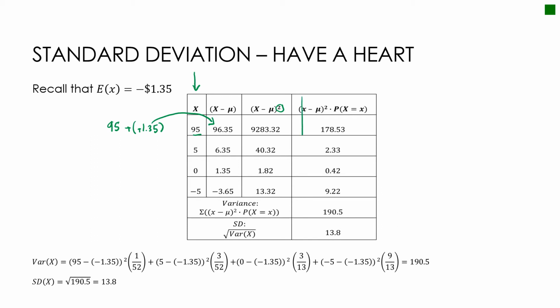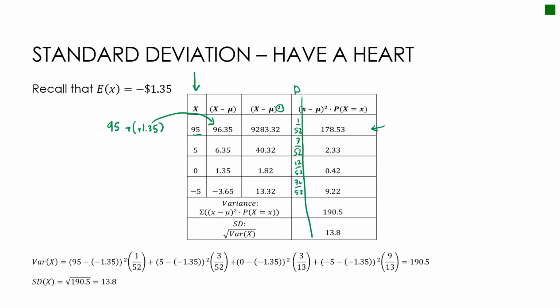So I should have probably had another column here. This probability for the first one was 1 out of 52, so that's what I multiplied by to get this number. For the second option was any other ace, so that was the 3 out of 52, and this was the 12 out of 52, and this was the 36 out of 52.